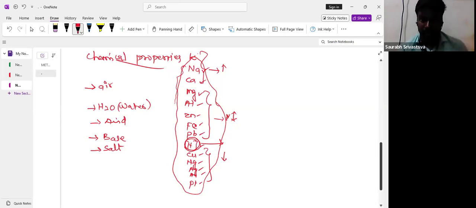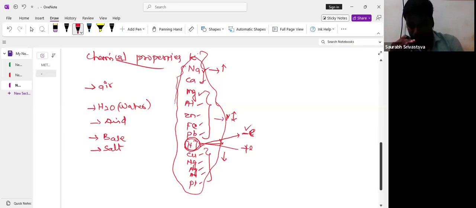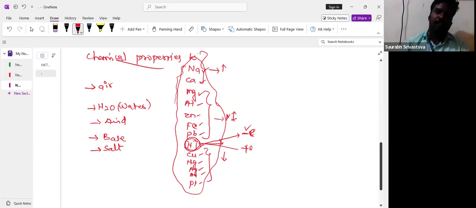The reason is that hydrogen has the ability to lose an electron and to gain an electron. Metals have the ability to lose electrons, so it will behave like a metal. That's why we keep hydrogen in the middle. It is not highly reactive and not low reactive; it is on the border. Above hydrogen, everything is highly reactive, and below hydrogen, everything is low reactive. Clear, sir?